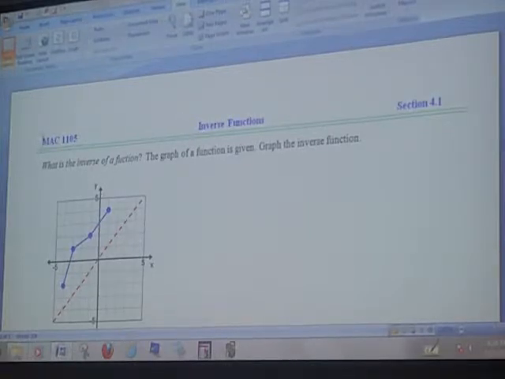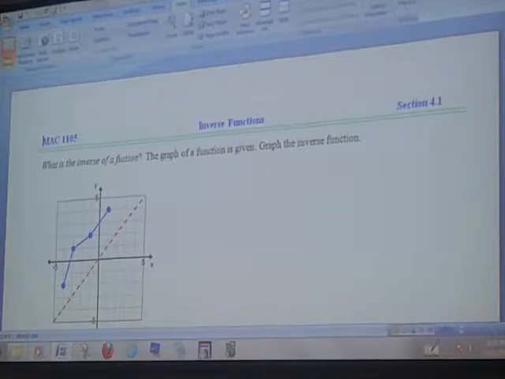Okay, so inverse functions. Inverse of a function is literally what one function does, the other function, the inverse, will undo. So if you have a function that adds 2 to everything, the inverse will subtract 2 back out. Okay? Graphically, you will be looking at points that are reflections across the line y equals x.